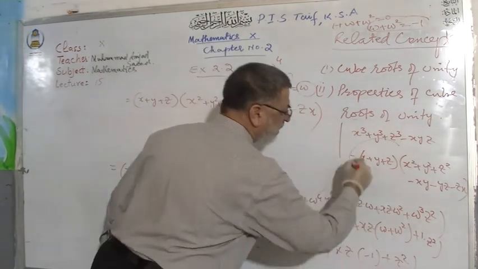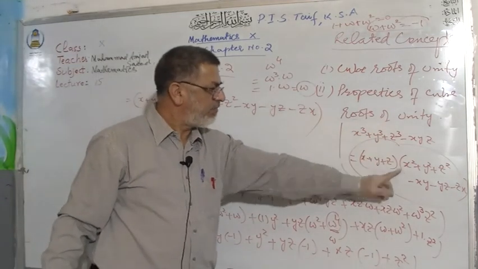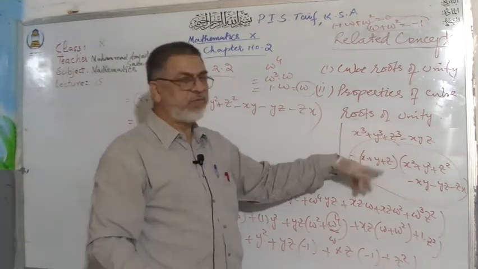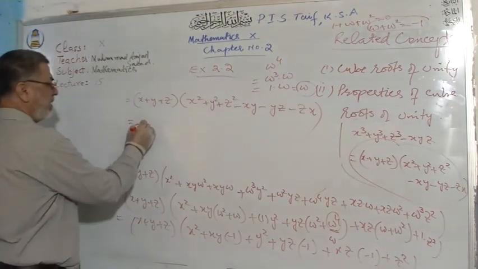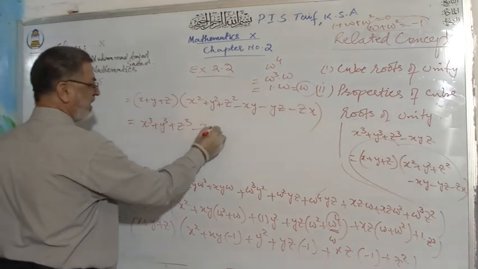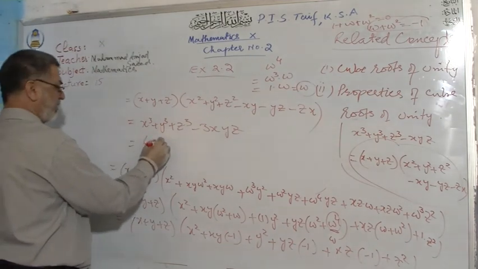You can check your right hand side. That was your formula, and open, that was your right hand side. And if we close it, we will move to the left hand side. It will be x cube plus y cube plus z cube minus 3xyz. Other terms will be finished. That will be your left hand side.